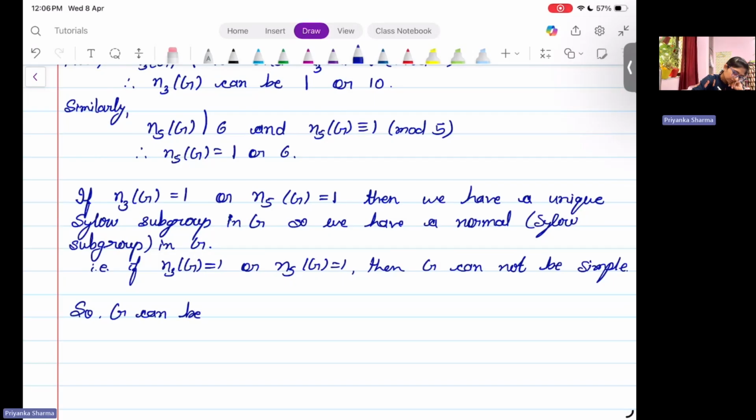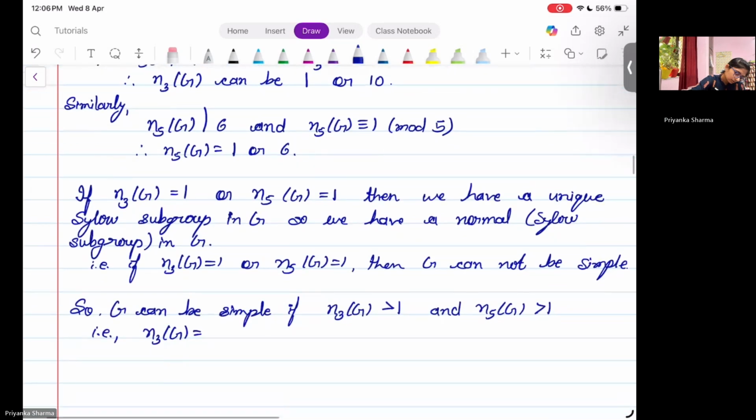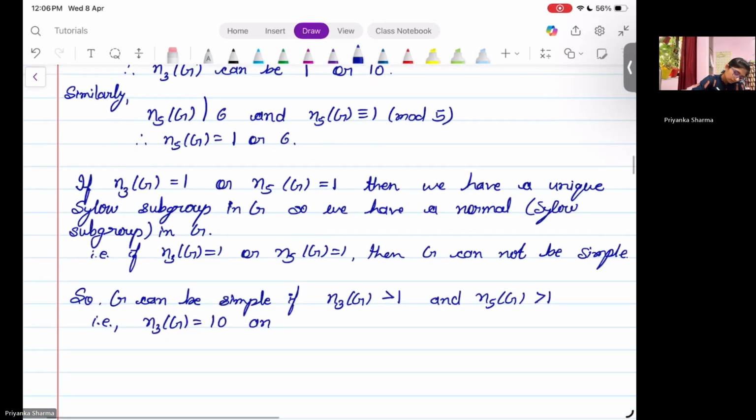So G can be simple. What is the necessary condition for G to be simple? If N3G is strictly greater than 1, and N5G is also strictly greater than 1. That is, if N3G is 10 and N5G is 6.